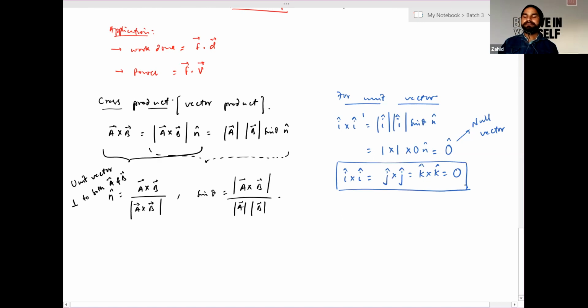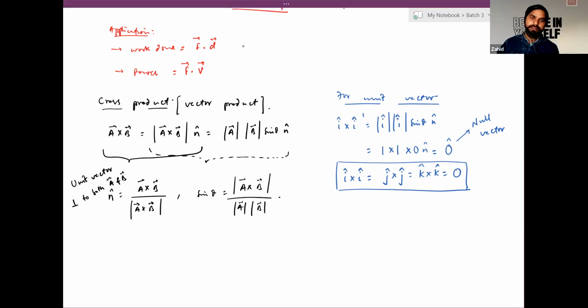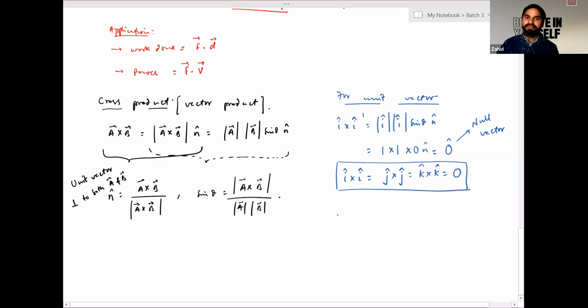Is it clear? Yes, sir. Now, similarly, if you take the cross product of two different vectors, let's say I cross j, it will be |I||j| sine theta n cap.